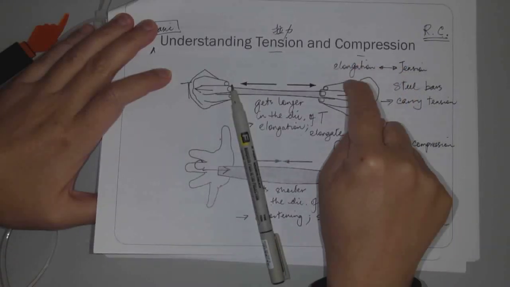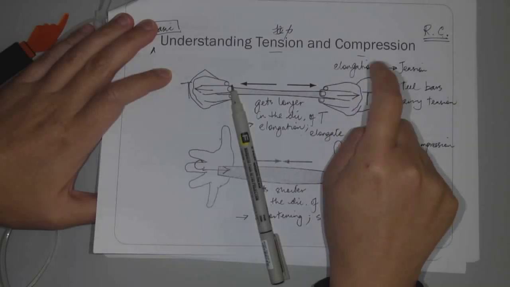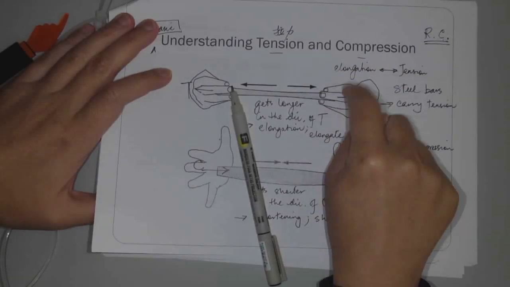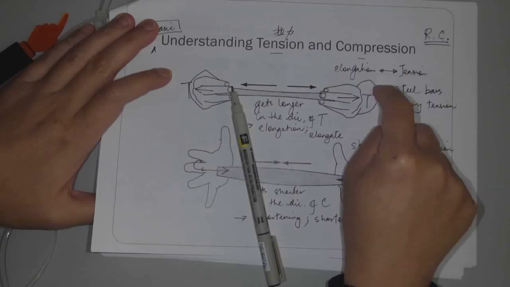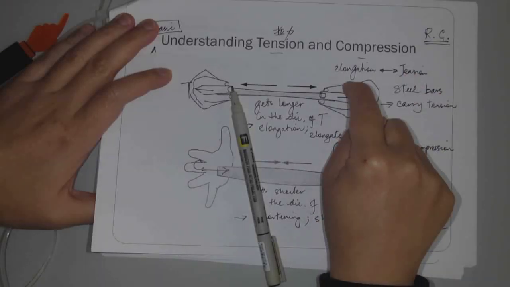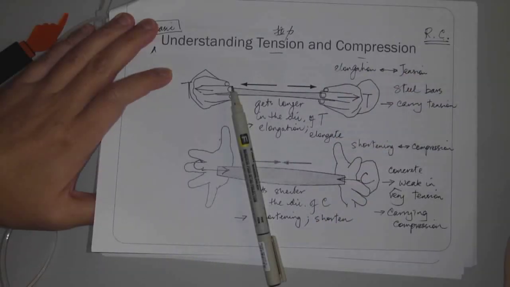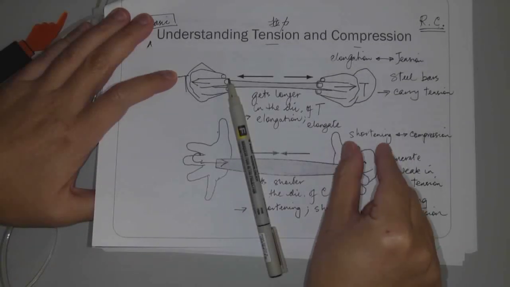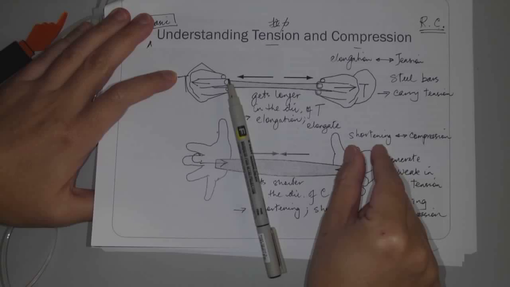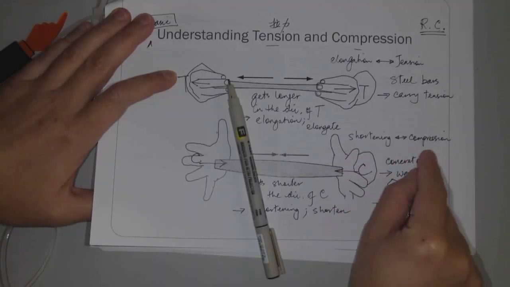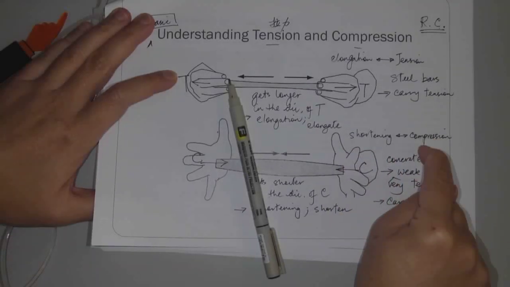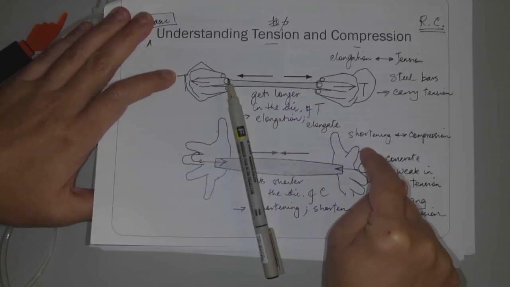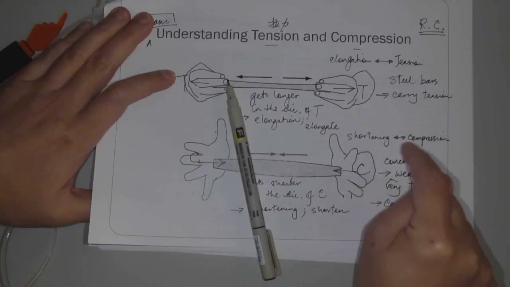If you see something elongates, that is probably because of tension. Tension causes elongation, and elongation is due to tension. Same thing. If the material shortens in a certain direction, that is due to compressive force. Compression causes shortening, and shortening is due to compression.